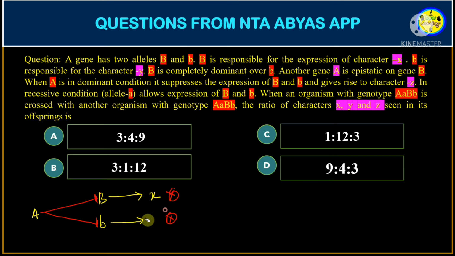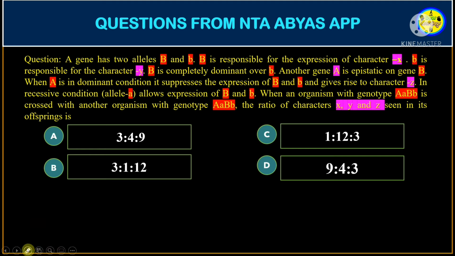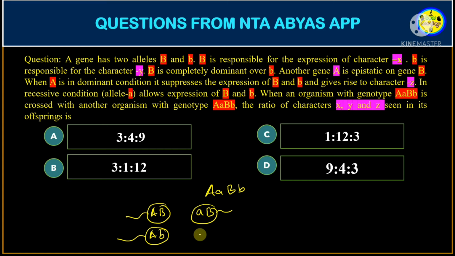What kind of gametes will an organism with this genotype produce? If the organism has a genotype of capital A small a, capital B small b, the gametes it will produce are capital A capital B, or capital A small b, or small a capital B, or small a small b.